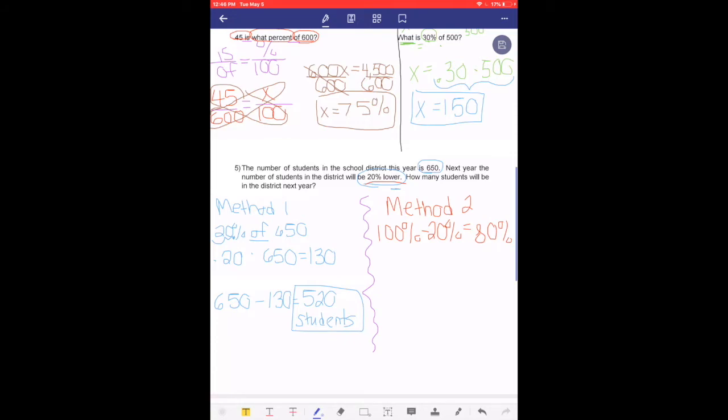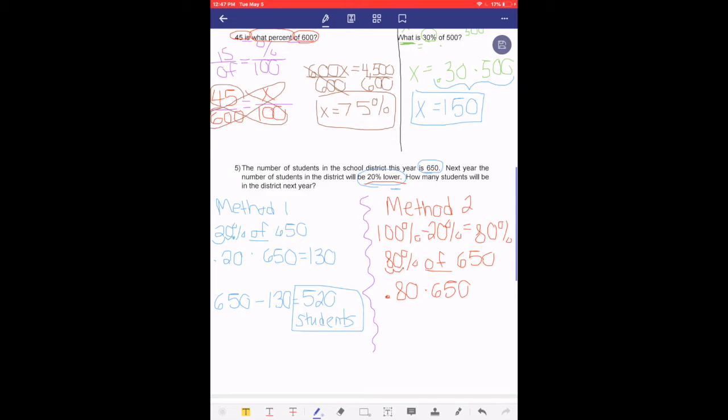Now, you want to find 80% of the initial amount. So 80% of the initial amount was 650. That 80 we want to convert to a decimal before we multiply. So the decimal point is behind the zero. Move it 2 places to the left. And now you're left with 0.80 of, means that I multiply, 650.